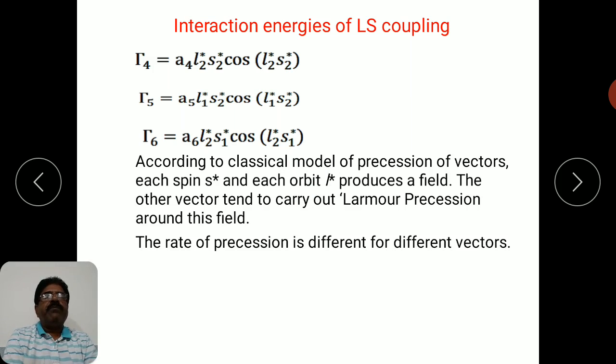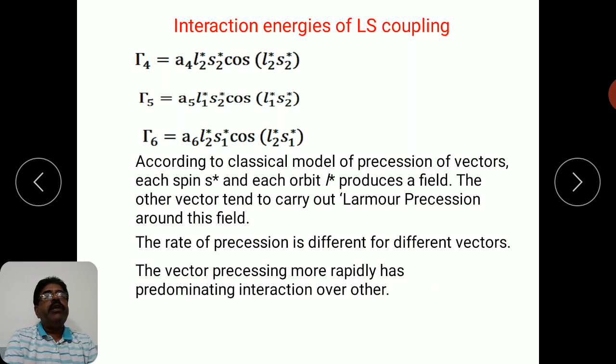The rate of precession is different for different vectors, and the vector which is precessing more rapidly has predominating interaction over the other vectors.